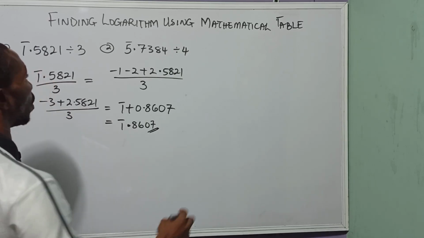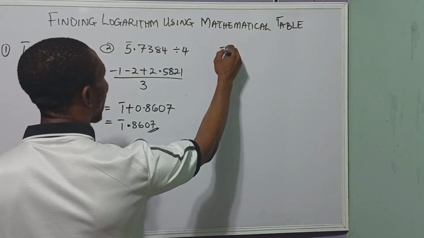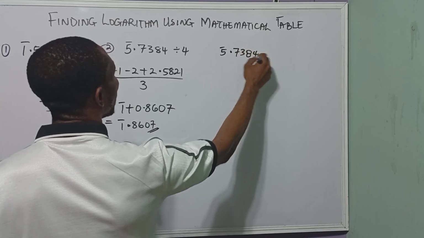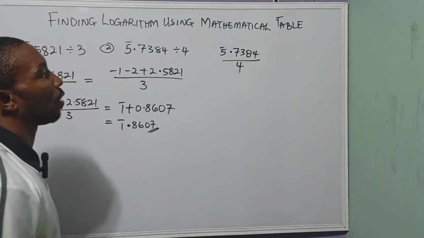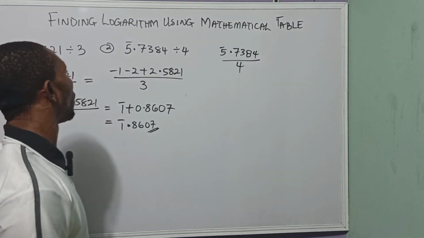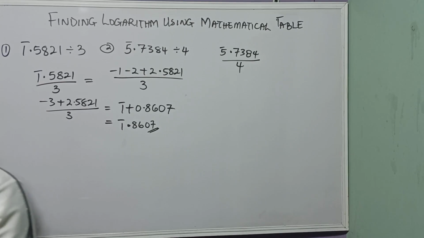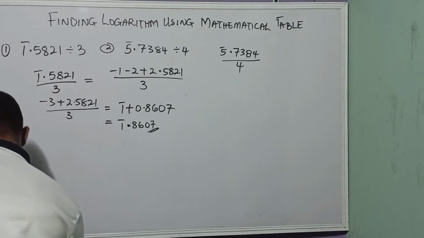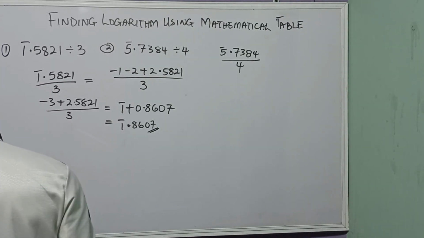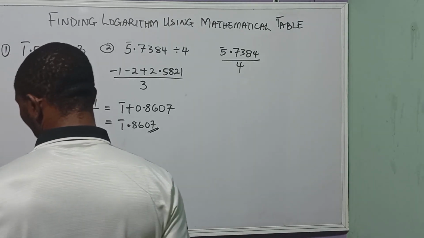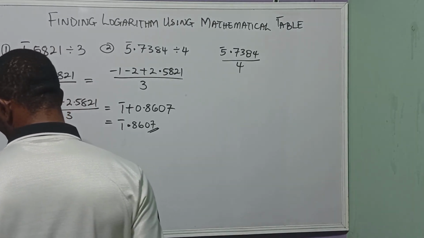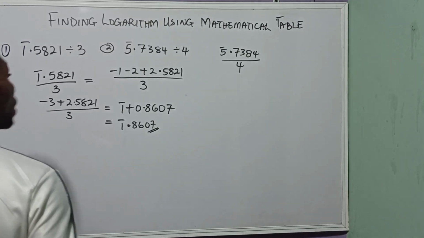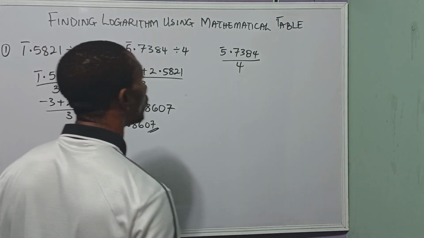Now let's look at the second one, where we have minus 5.7384 divided by 4. Now if we have it as divided by 4, 4 can go into 5, right? 4 can go into 5, okay, but in this case we are going to introduce a catalyst too.